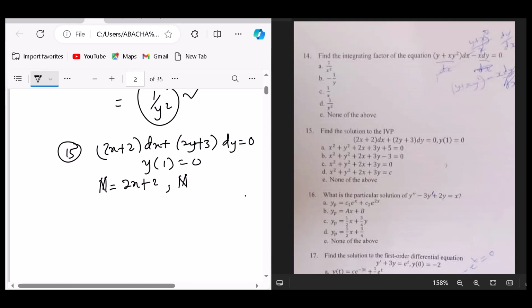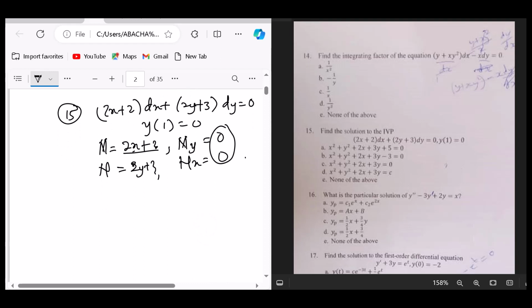M_y is equal to 0, because x is a constant, so if we differentiate with respect to y, we get 0. Now N is equal to 2y plus 3, and N_x is equal to 0. Since these two are the same, we conclude that it is exact. Once it's exact, we can proceed to find the solution.